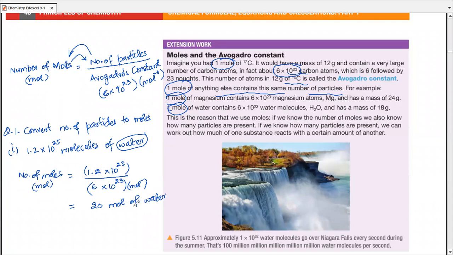Now, once you have moles, you can go for an extended practice. Maybe your examiner asks you to answer the question with mass in grams of water directly. Then you need two formulas. You need the previous formula as well, of course. You use this formula, you take the answer out in moles. You know how to use the previous formula to convert these moles into mass?